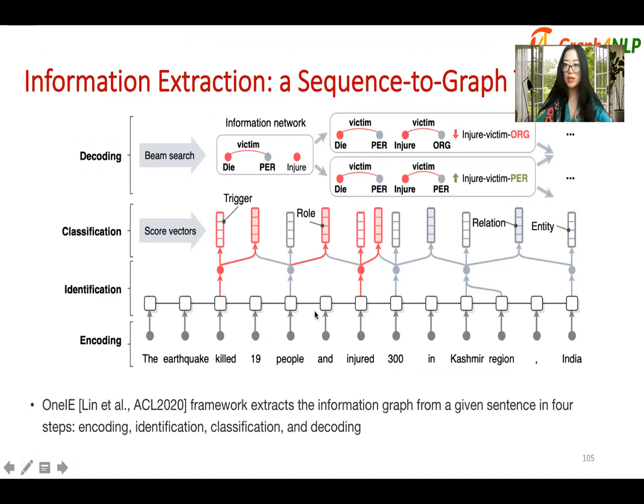So here, for example, every token in this sentence will have their own embedding representation, and then we can use a beam search algorithm to decode a graph from this sequence. So in this graph, you can see every token can be a candidate entity or a candidate trigger of an event. And then the edge usually indicates the relation between entities or the argument role this person or this entity played in this event.